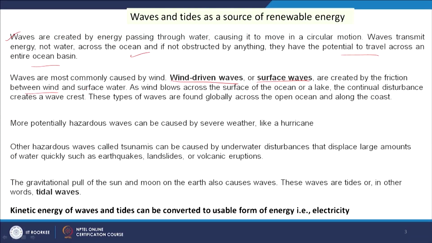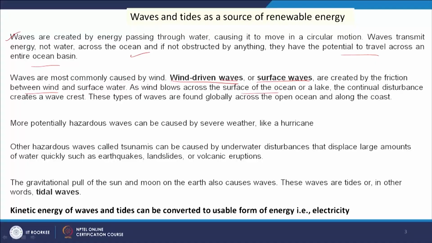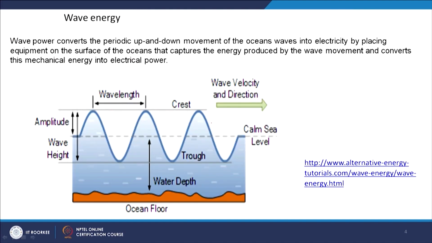As the wind blows across the surface of the ocean or a lake, the continual disturbance creates a wave crest. These types of waves are found globally across the open ocean and along the coast.